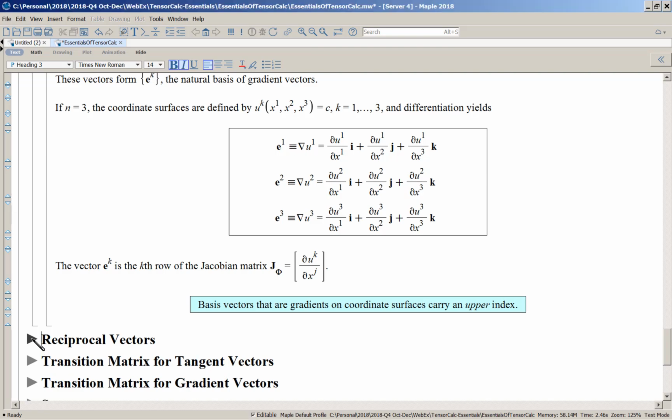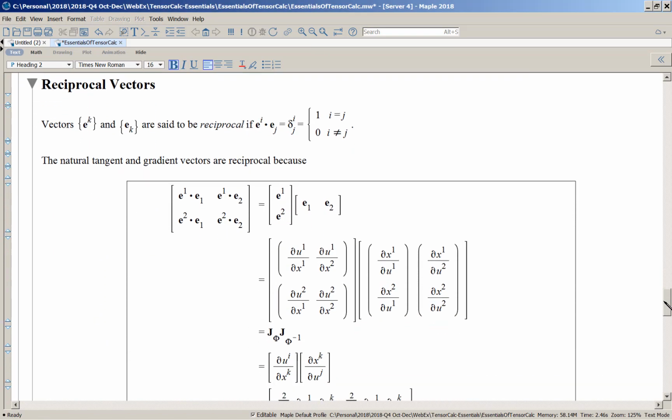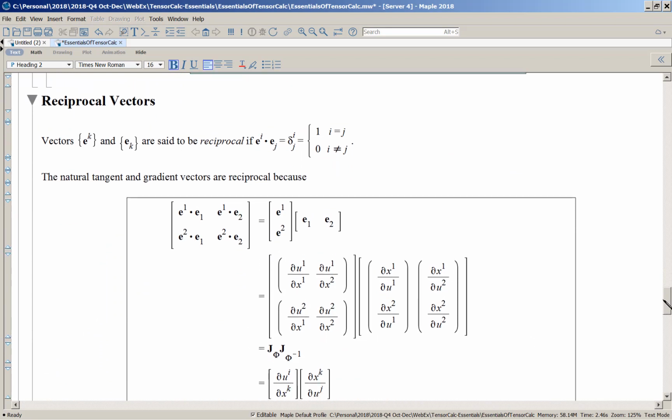There is a relationship between these vectors with superscripts and subscripts that we want to explore.